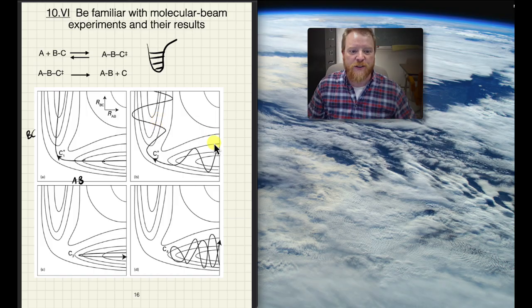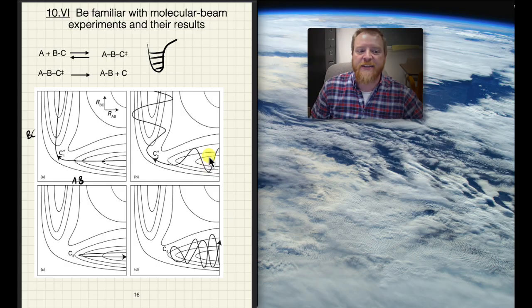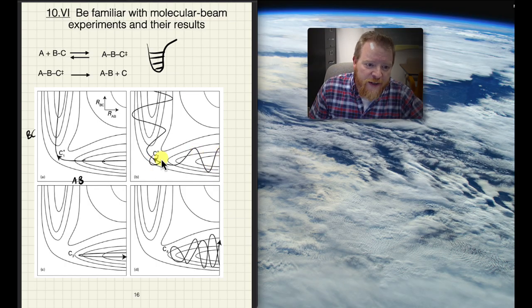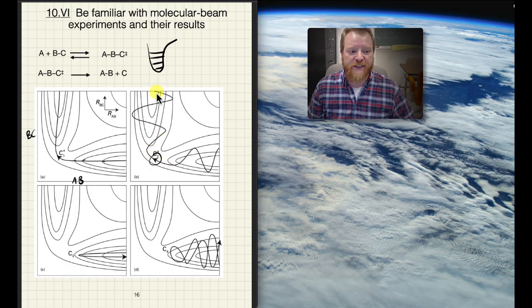So when viewed as a topography, this trajectory shows vibrational excitation. And of course, if something enters the transition state in a vibrationally excited way, then it could also exit the transition state in a vibrationally excited way.